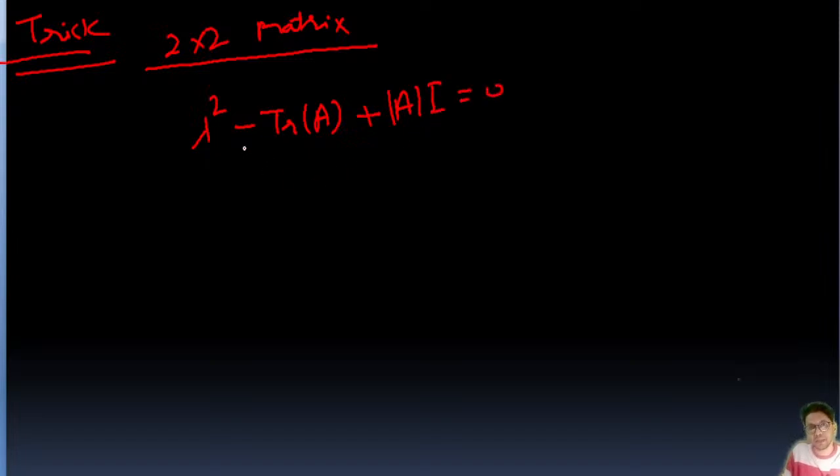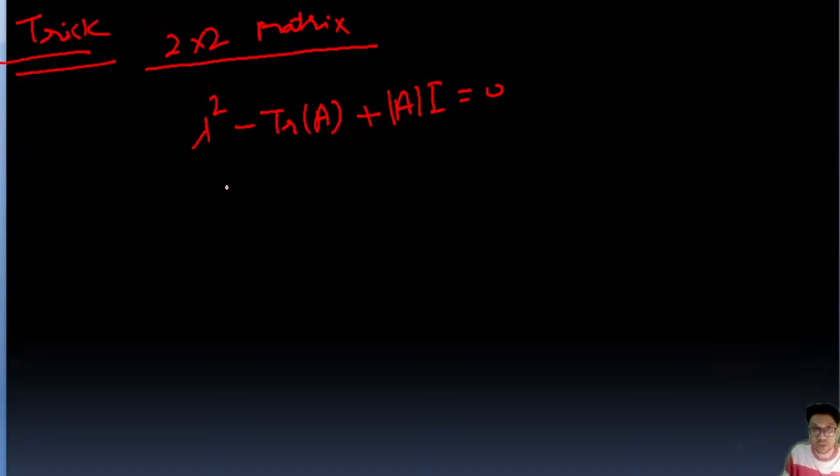If we know the eigenvalues, we can write it using this formula directly. So you need to note down this formula and memorize it. Lambda square minus trace A lambda plus mod A I, right?